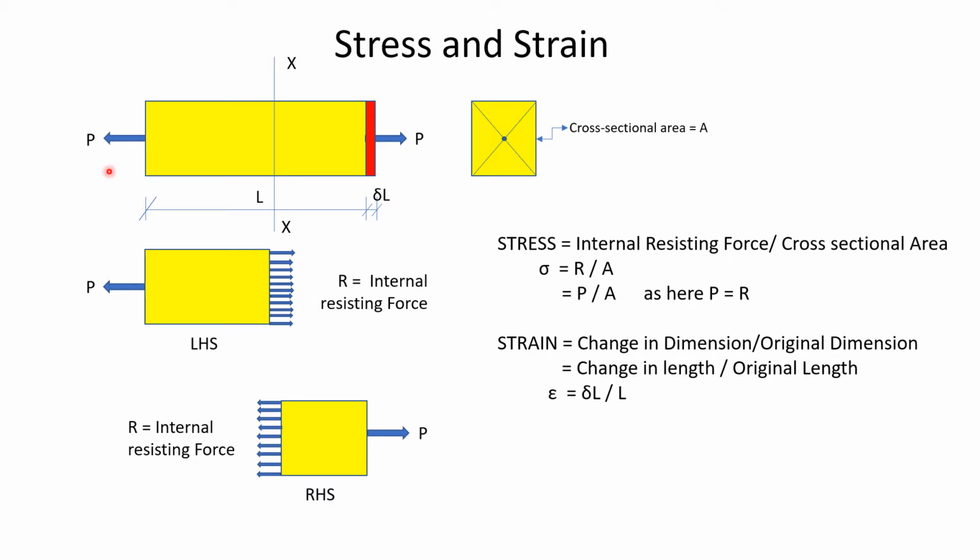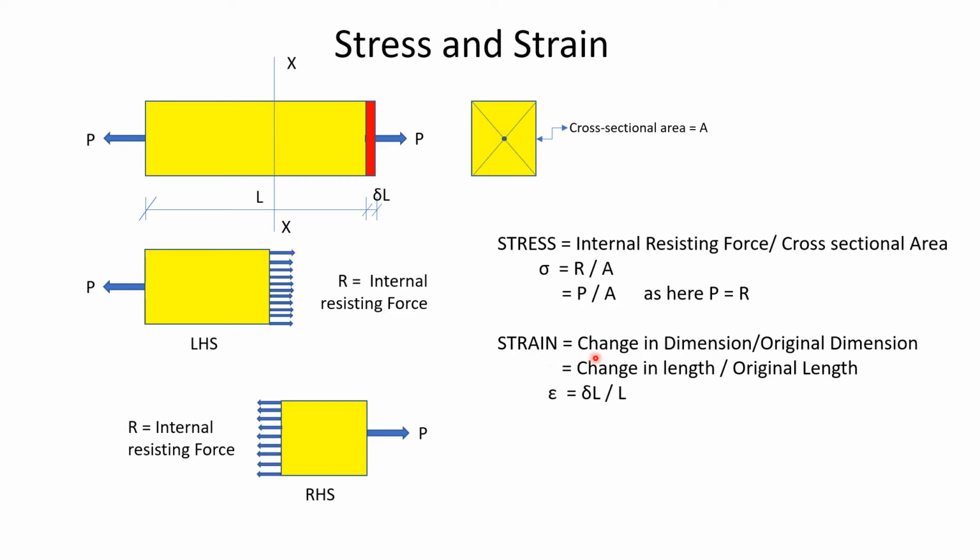Now when this force is acting here, this is a pulling force, what happens is it stretches this bar of length L in this direction, and there is a slight increase in length which is shown by red, and this is the increase in length delta L. Now this increase in length or change in length to original length is strain.